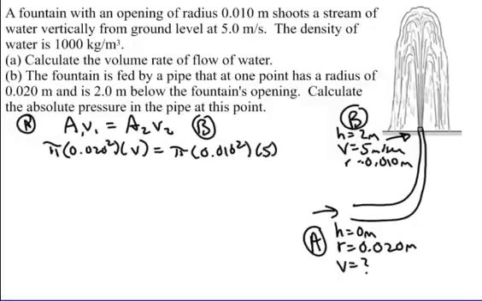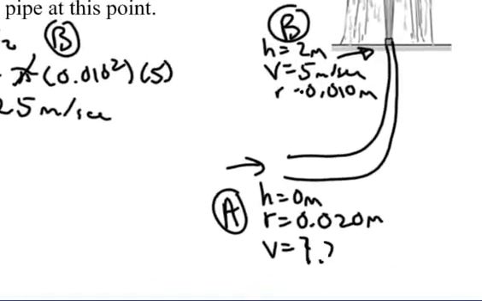And so my velocity at point A, below the ground, ends up being 1.25 meters per second. When you do this, guys, you can cancel out the pi's there. And so right now, I'm going to write in 1.25 meters per second, because that is what I know is my velocity at this point down here.